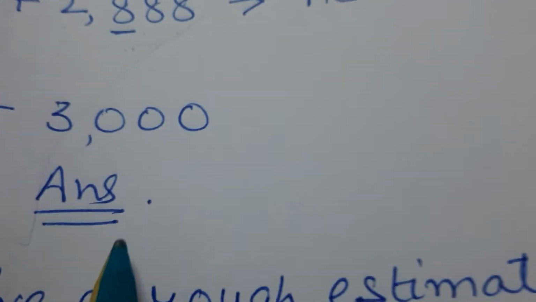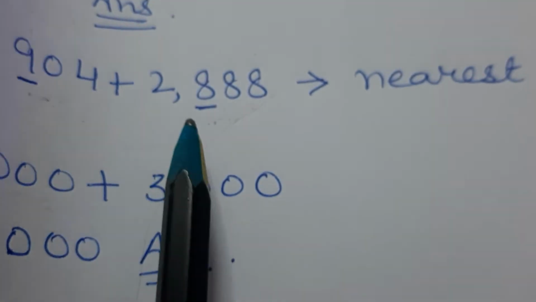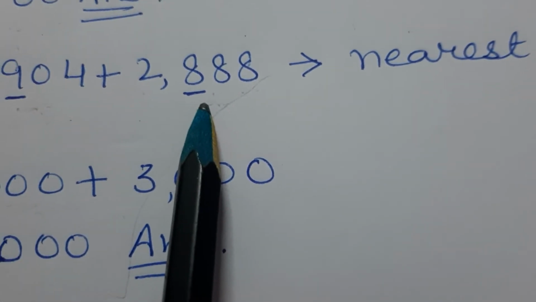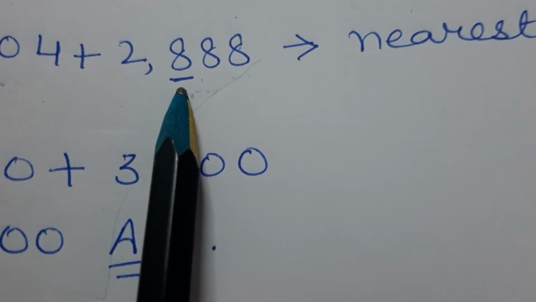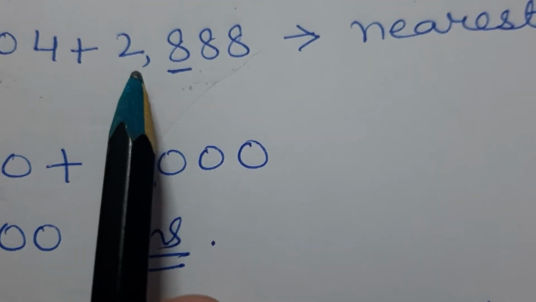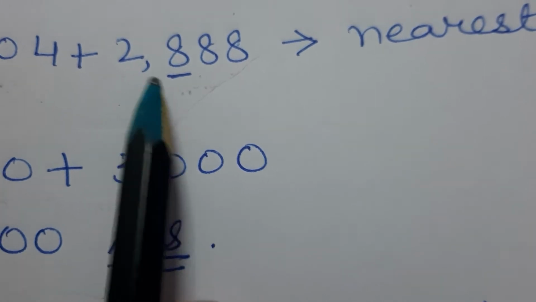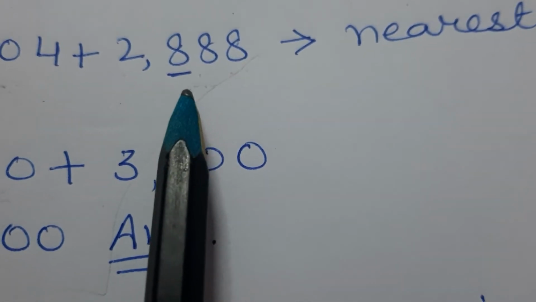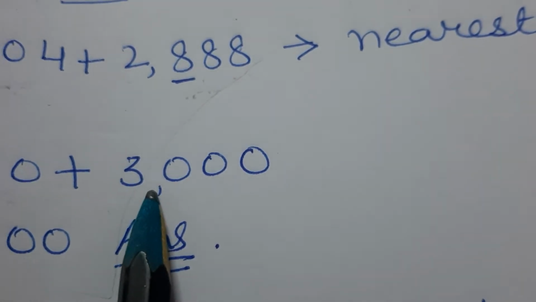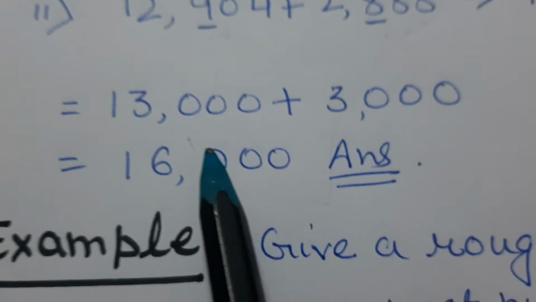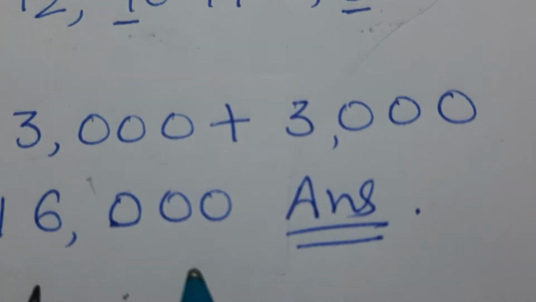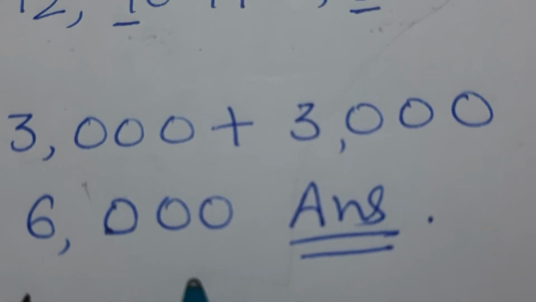Okay, so next is 8. 8 is again bigger than 5, so this whole number will be rounded up. So 2 will become 3000. So 13,000 plus 3000 is 16,000.